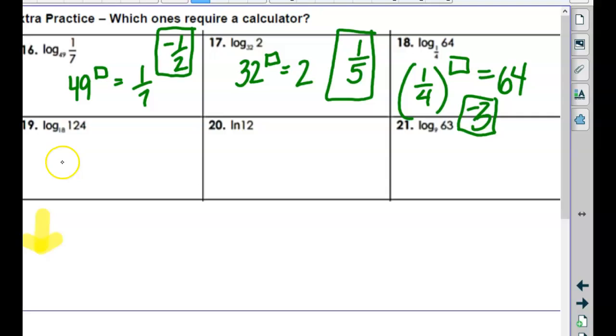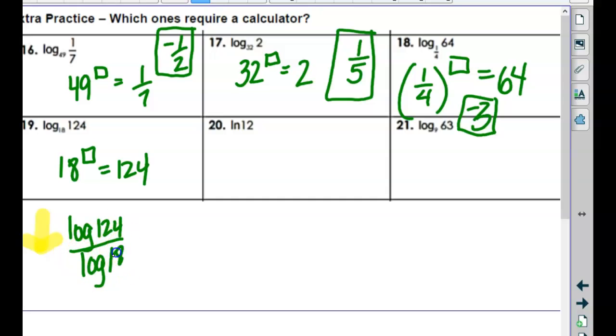All right, 18 to some power equals 124. Is that something you can do without a calculator? No. If you had an old calculator, you would have had to type log of 124 divided by log of 18. But you guys should be able to do the change of base.